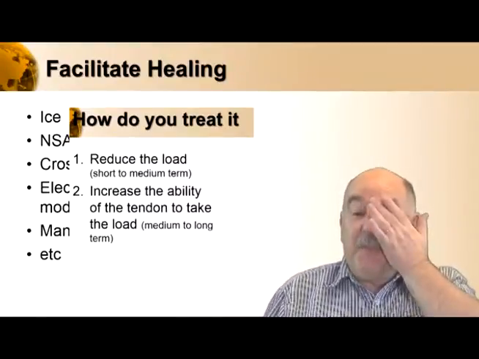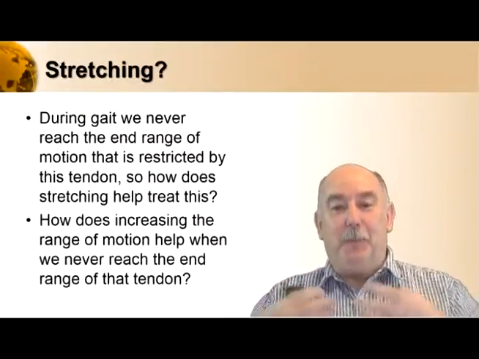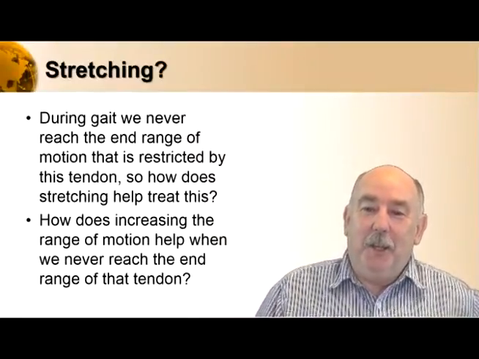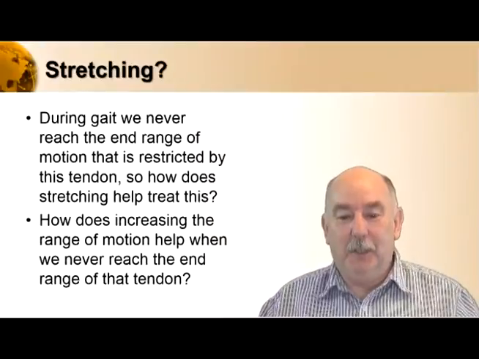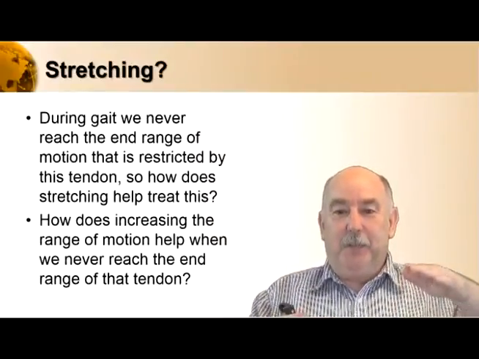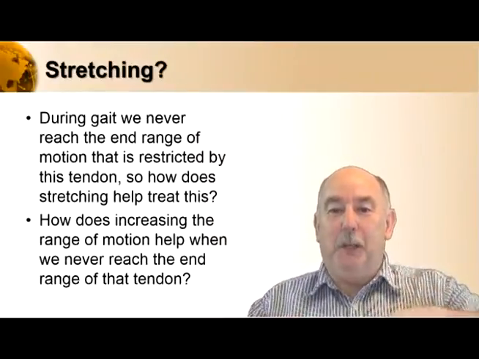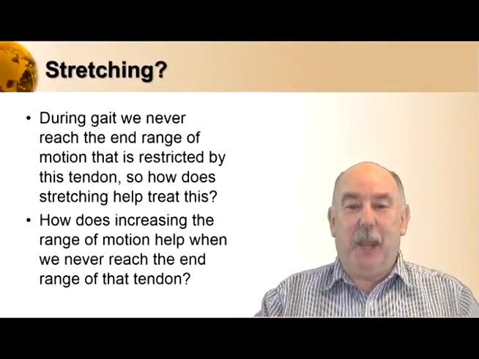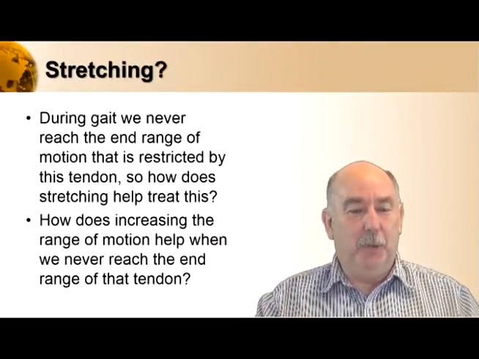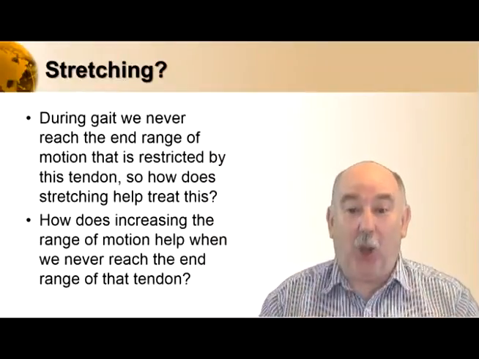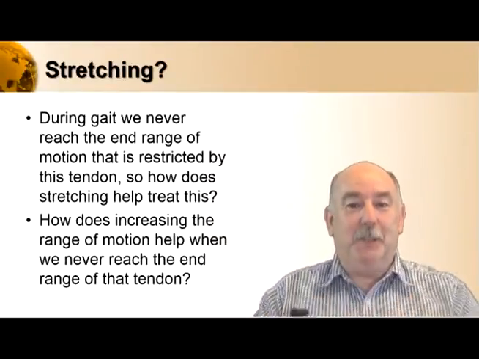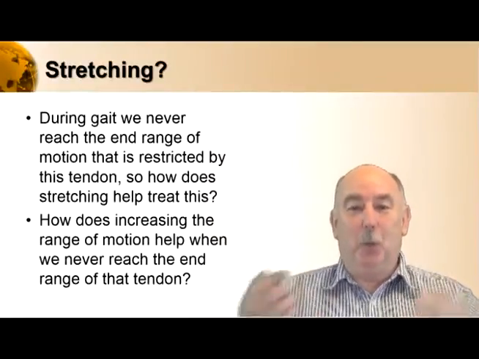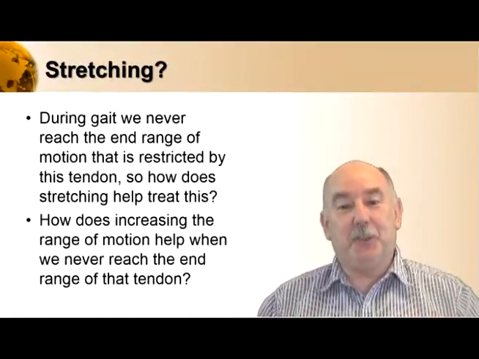What about stretching? You'll come across a lot of advice online about stretching for post-tib tendinitis. And a bit of critical thinking: during gait, that post-tib muscle tendon complex never reaches its end range. So how does stretching help? Now, if a tendon is tight and you reach the limit of that joint that tendon crosses when you're walking, running, whatever, yes, I can see how stretching could help.